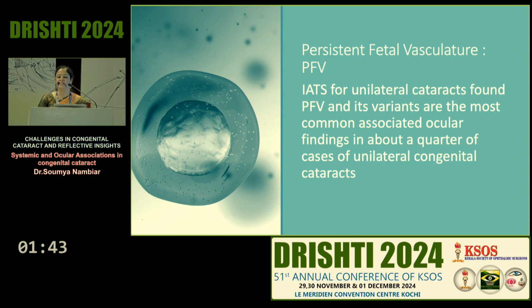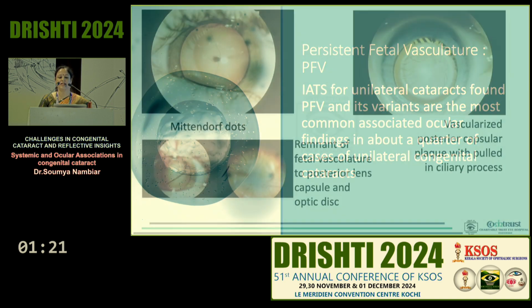Next common is the persistent fetal vasculature, which we see. The infant aphakia treatment study, wherein they also looked at unilateral cataracts, found that persistent fetal vasculature was the most common cause associated with unilateral cataracts, and most of them had this unilateral congenital cataract.